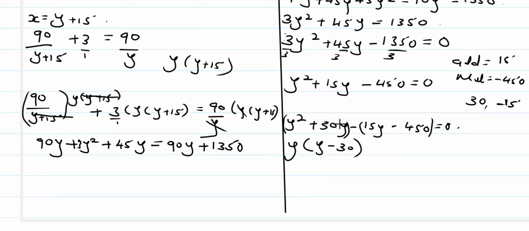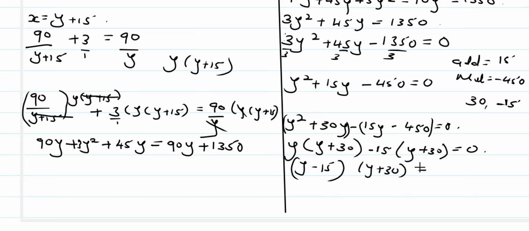This is plus, not minus. Then minus 15 here into y, because negative 15 multiplied by y will be negative 15y, plus negative 15 multiplied by 30 will be negative 450, equal to 0. So I have y minus 15 and then y plus 30.